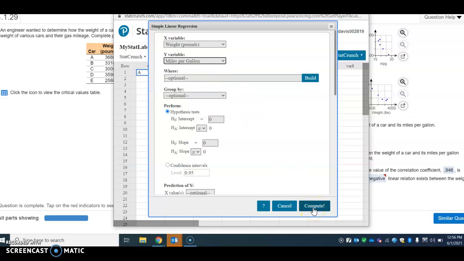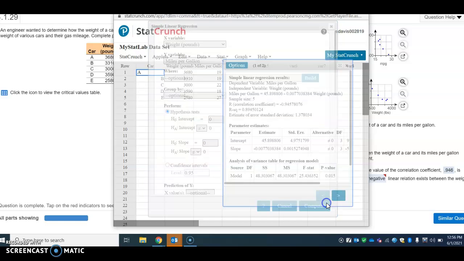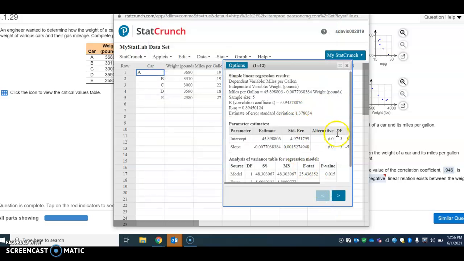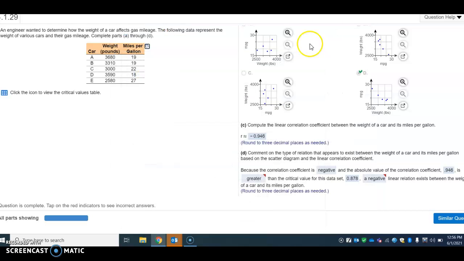And we can just hit compute, and it gives us lots of information, including the R right here, the correlation coefficient, which is negative 0.9458. If we round that to 3 decimal places, it's negative 0.946.